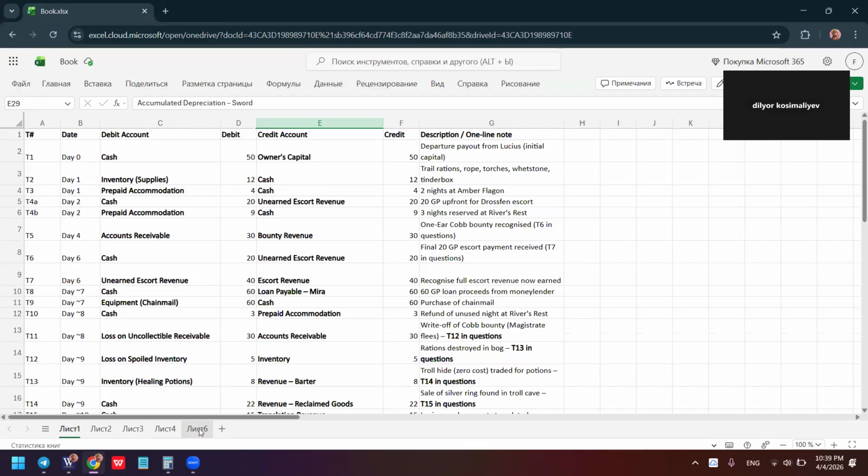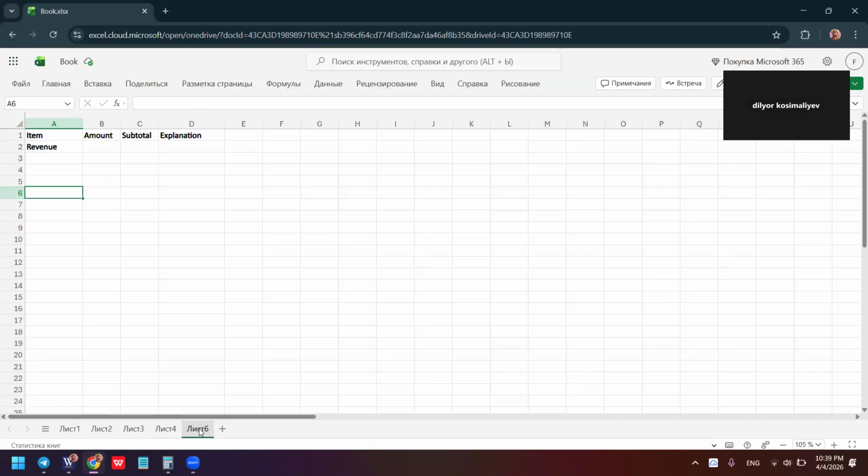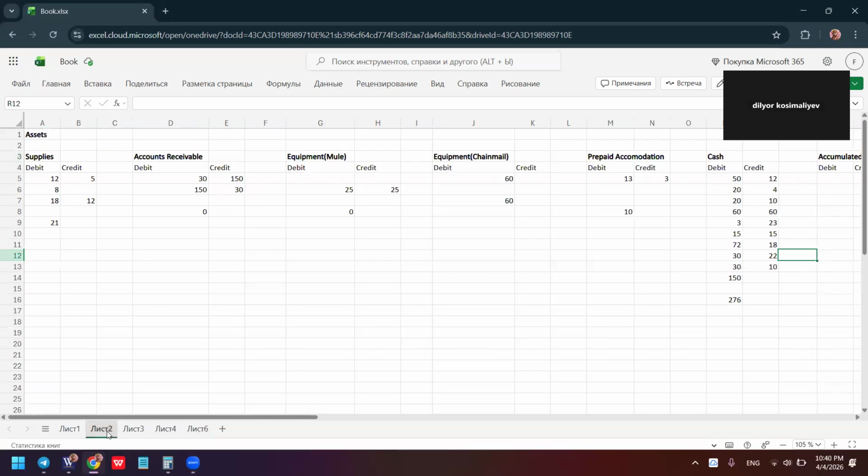All right. So first things first, we go to the creating of a new sheet. I will be describing each thing. We'll start with the revenue, which is plus. So first of all, let's go to the supplies, to assets.